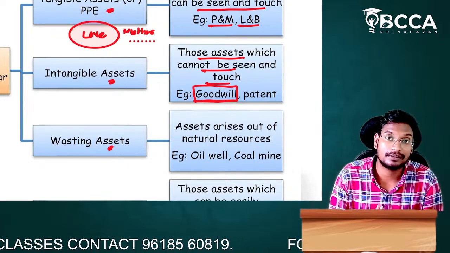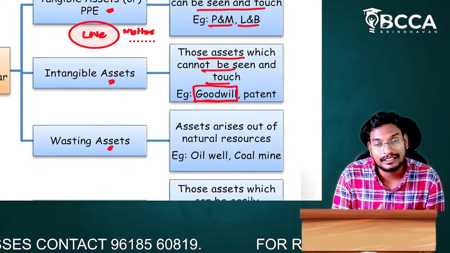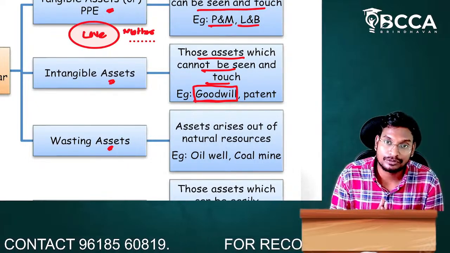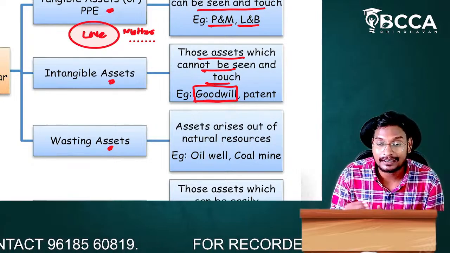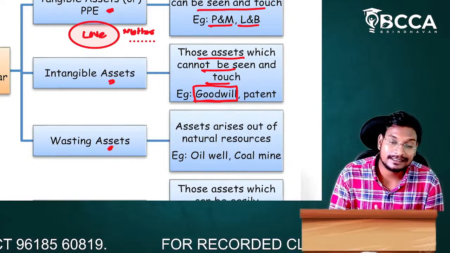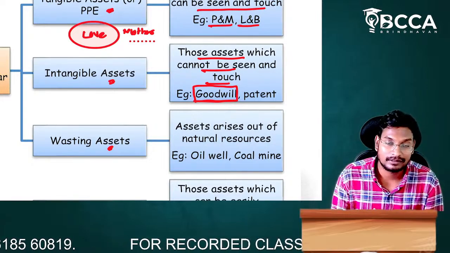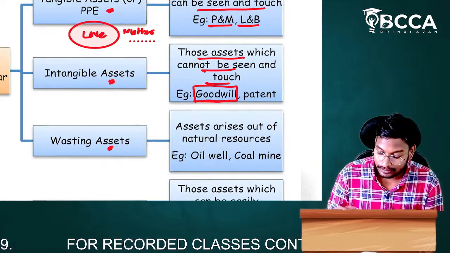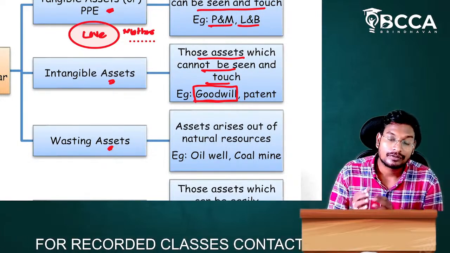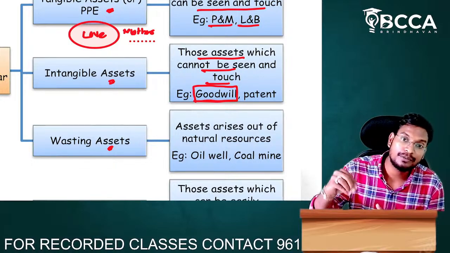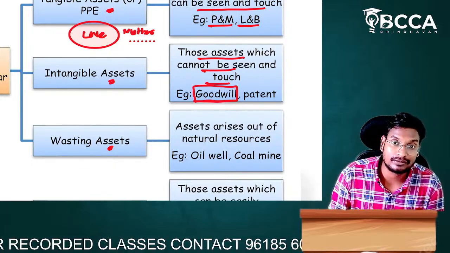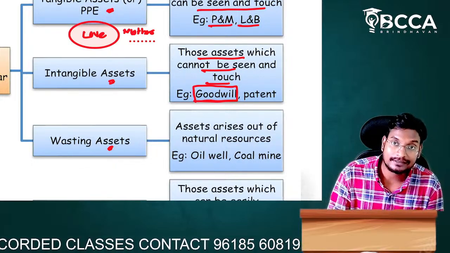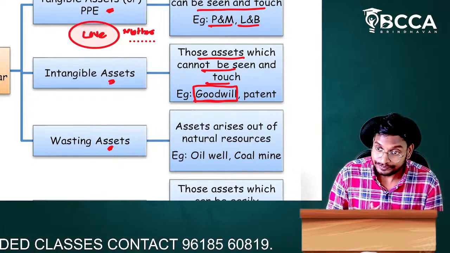Yes or no, sir? Why? Because of this goodwill, we can run the business smoothly and we can get credit from others. We can easily get credit purchase. Because of the goodwill, the benefit will be more than 1 year, so it is called a non-current asset.